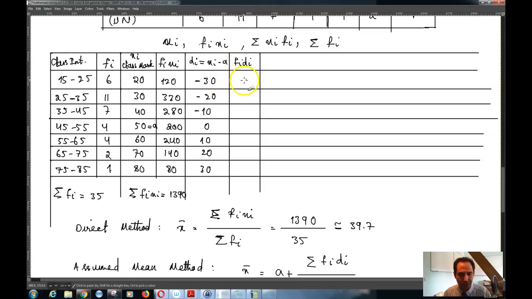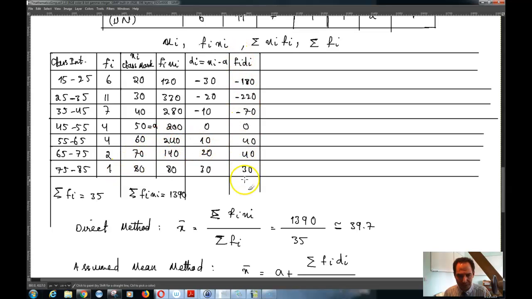So 6 times negative 30 is negative 180. 11 times negative 20 is negative 220. 7 times negative 10 is negative 70. And 4 times 0 is 0, that's a 40, that's a 40, and that's a 30.